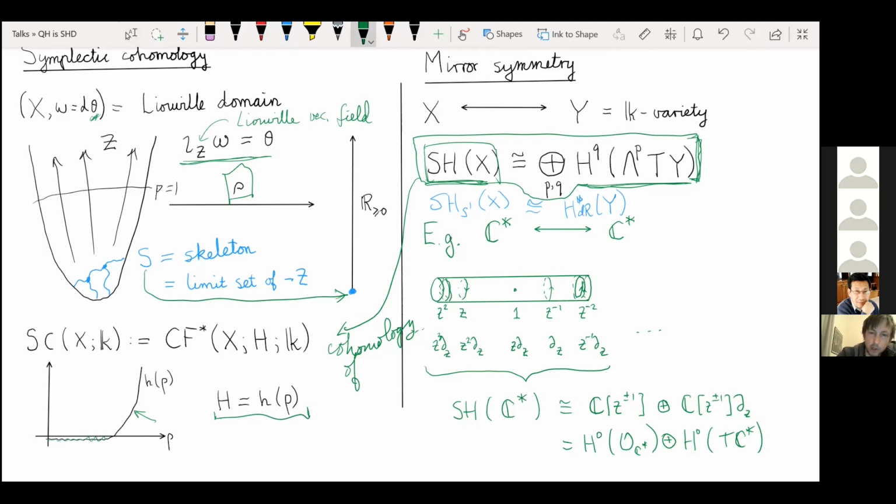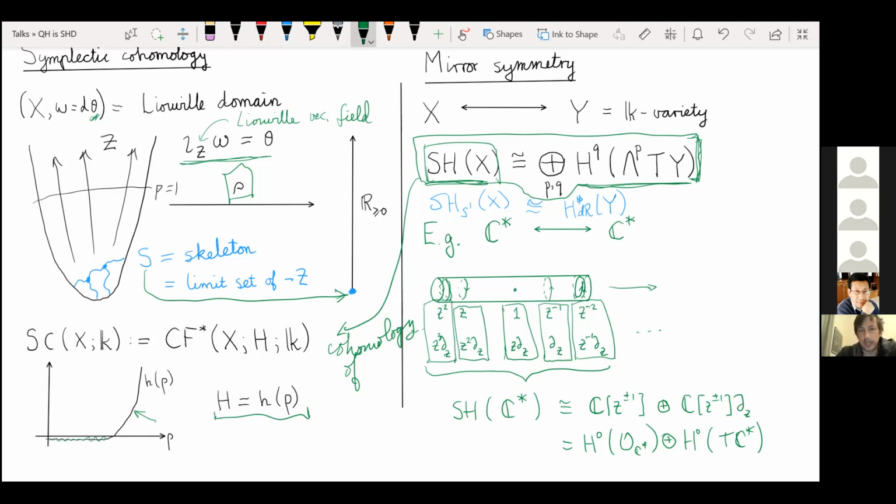There are some constant orbits which contribute 2 generators: there's an S1 worth of constant orbits, and the cohomology of S1 has rank 2. Then on this end, you have orbits which wrap once around that end. There's an S1 family of those orbits, so again they contribute 2 generators. Then an S1 family of orbits that wrap twice around give you 2 generators. And similarly on the other end, you've got orbits wrapping once around, twice around, and so on.